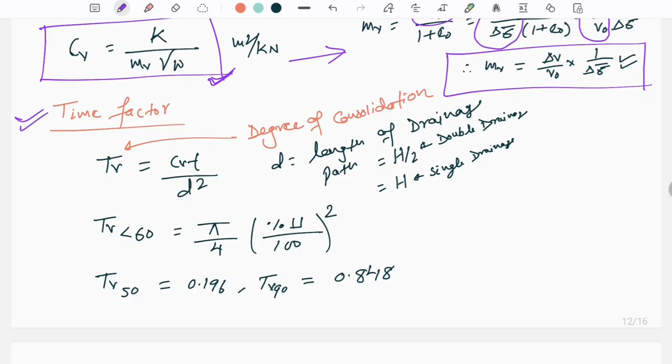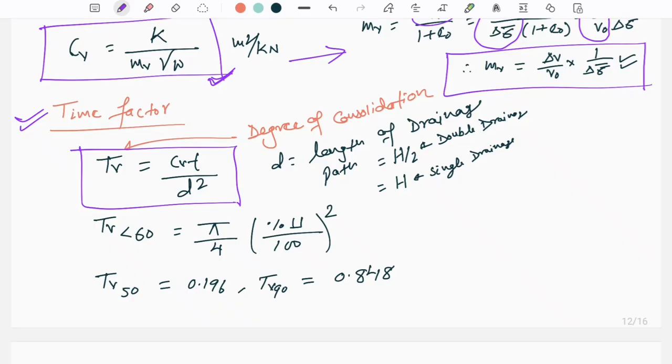One important term is the time factor, Tv. There are so many small numerical questions for 1 or 2 minutes on this time factor, that is a degree of consolidation. Tv is equal to Cv t upon d square. Again Cv you know, already discussed earlier, and t is the time of consolidation.